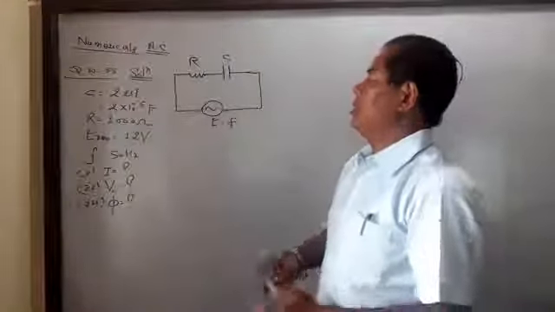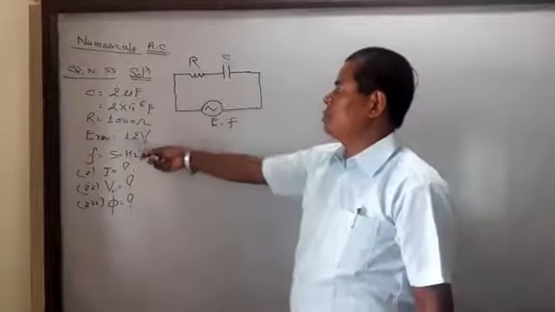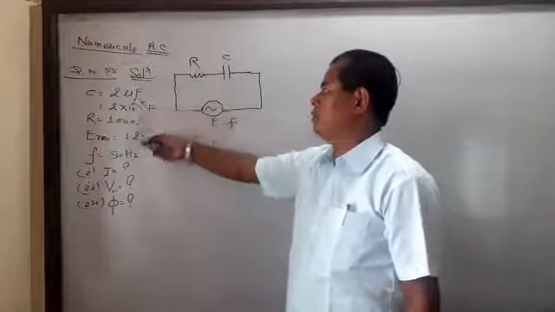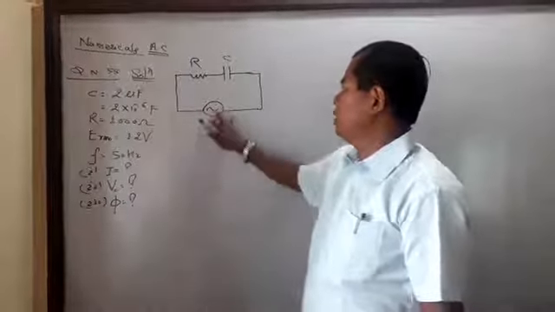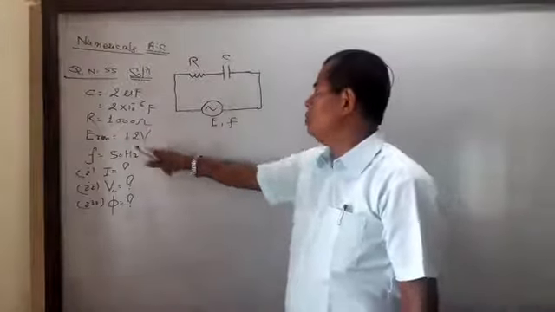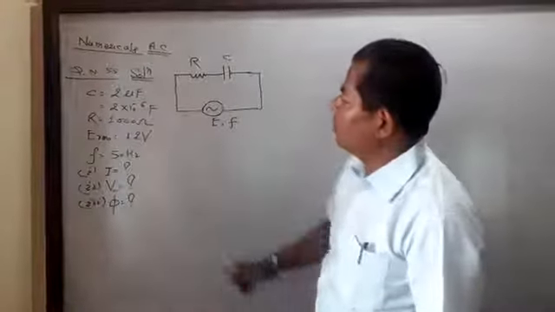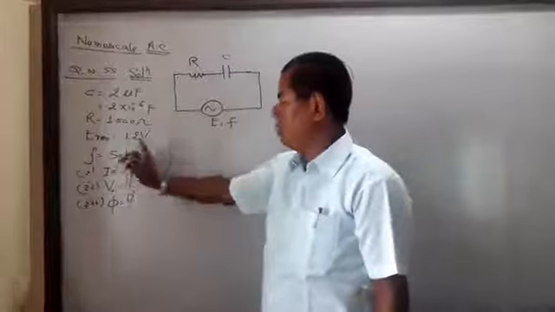The resistor has resistance 1000 ohm, the capacitor has capacitance 2 microfarad, and the EMF has value 12 volt, whose frequency is 50 Hertz. Then we have to find current, I is equal to what?